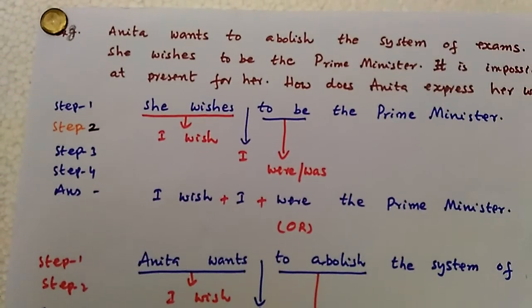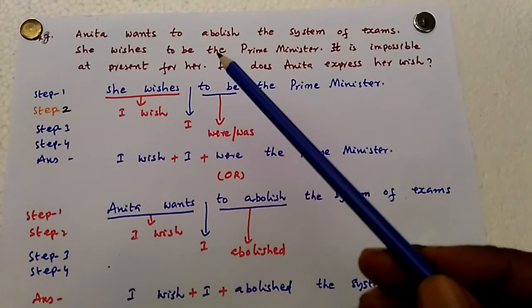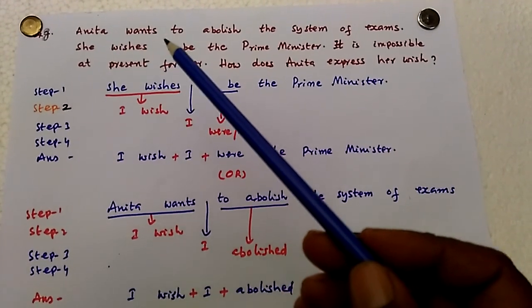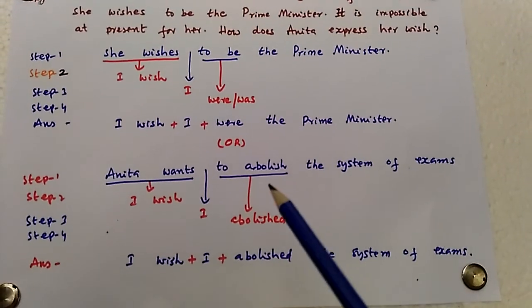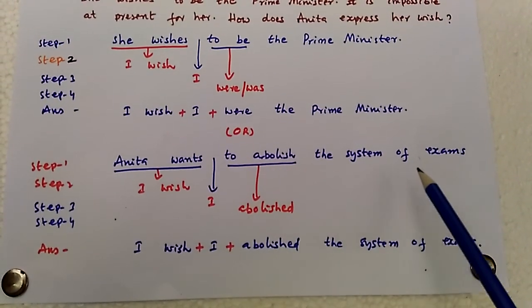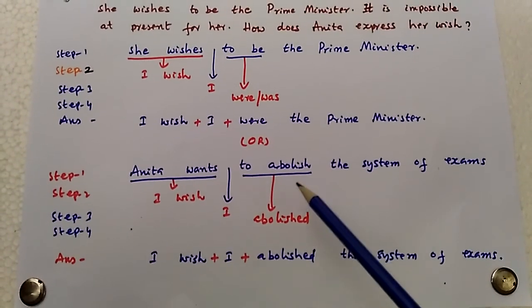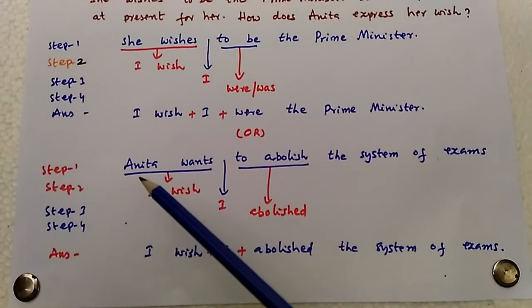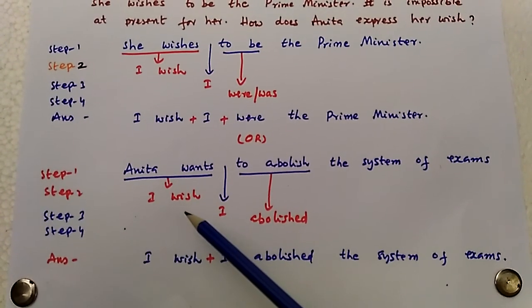And in this paragraph, there seems to be another wish, that is, Anita wants to abolish the system of exams. Let us write that wish. Anita wants to abolish the system of exams. This may be another impossible wish. And as a step 2, we have to remove from Anita to wants and there we have to write I wish.